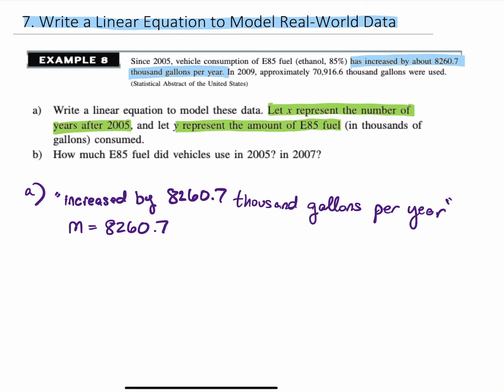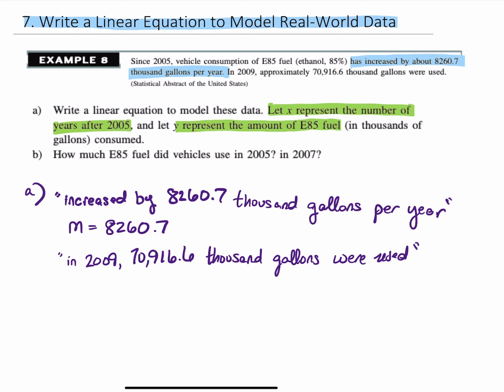And then they give us a specific value on a specific date. They said earlier in 2009, 70,916.6 thousand gallons were used. So that is actually giving us another point on the line.